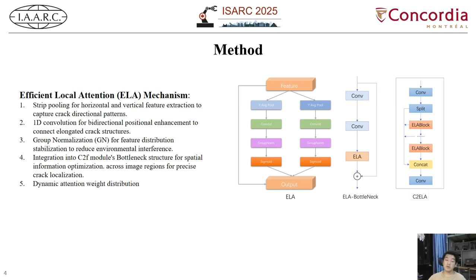We also use group normalization to reduce lighting interference. We also integrated this into YOLOv8's C2f module to boost spatial features with little extra computation.